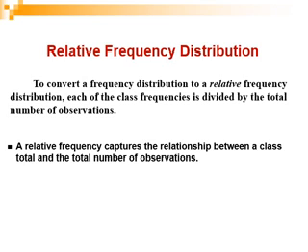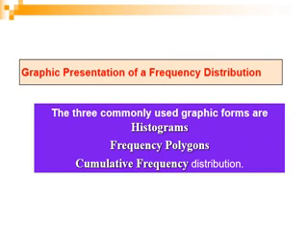Let's now see the definition of relative frequency distribution. To convert a frequency distribution to a relative frequency distribution, each class frequency is divided by the total number of observations, as we did in the relative frequency column. A relative frequency captures the relationship between a class total and the total number of observations. Now let's move to how to represent these data in a graphic presentation.